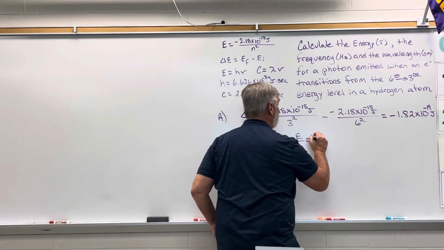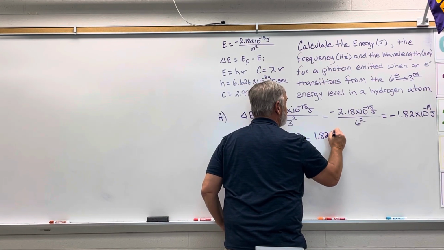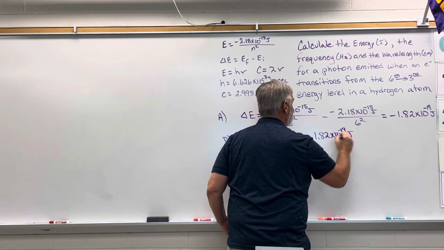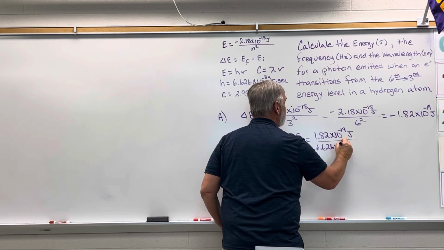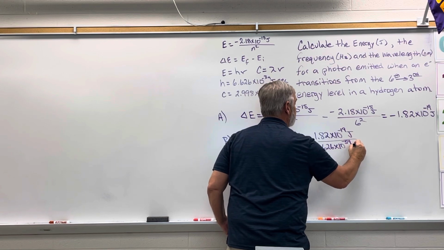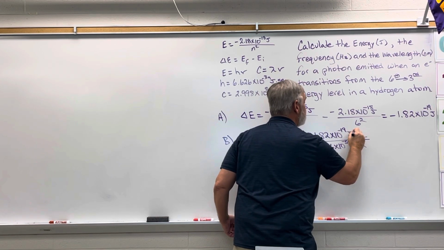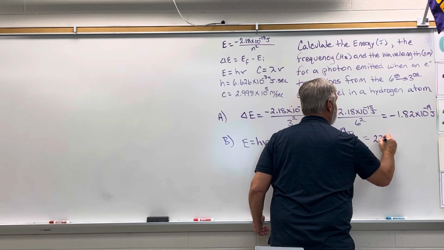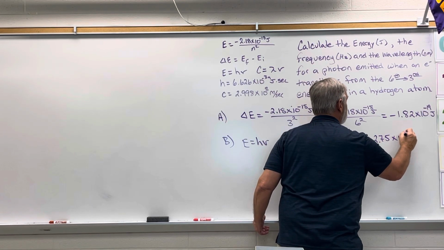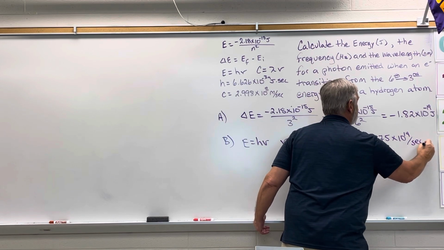So we're just going to put in the 1.82 times 10 to the minus 19th joules divided by 6.626 times 10 to the minus 34th joule seconds. And notice that joules cancel, and that's going to leave me with 2.75 times 10 to the 14th per second.